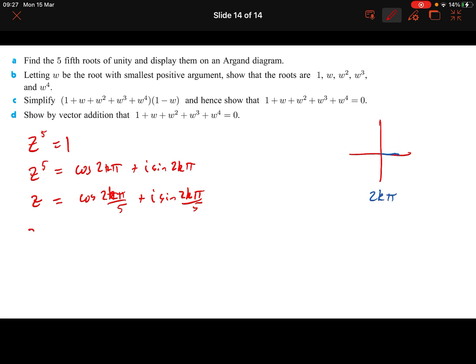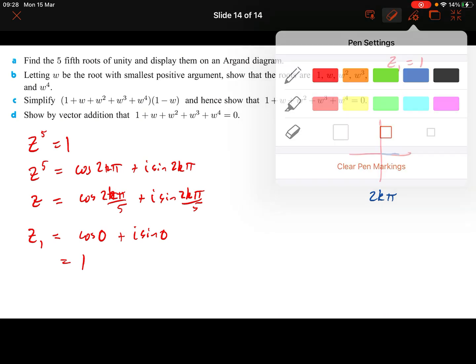Okay, subbing in k equals 0, we will get cosine of 0 plus i sine of 0, which is 1. Okay, so we know we've got one solution at 1.